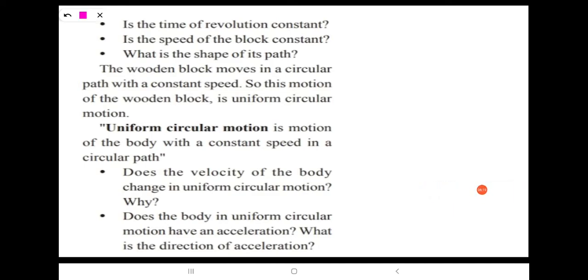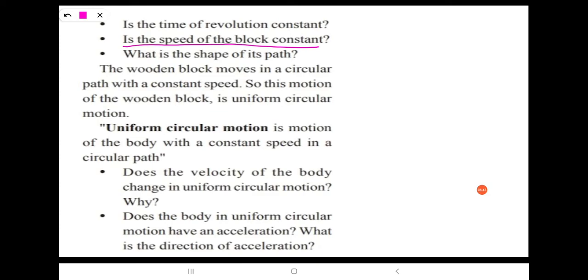In this case, is the time of revolution constant? Yes, the time of revolution is constant. Is the speed of the block constant? Yes, the speed of the block is also constant.